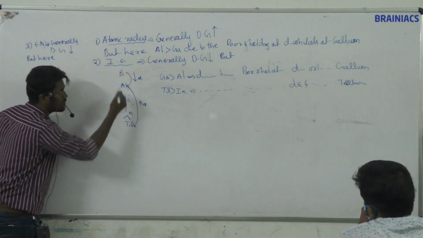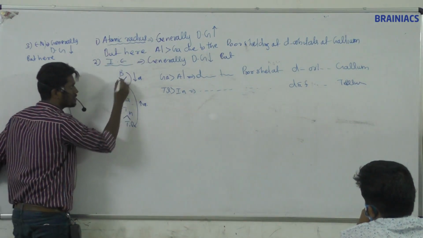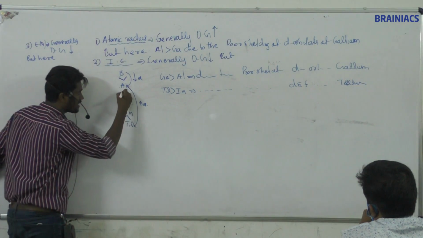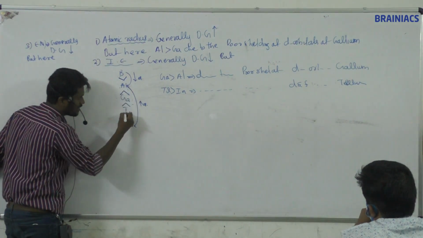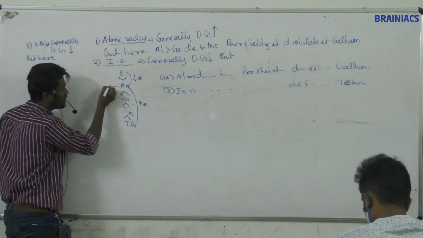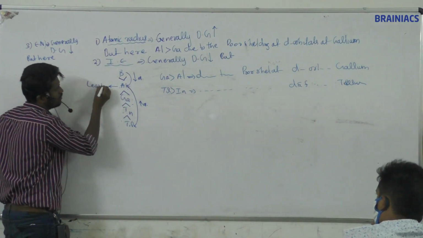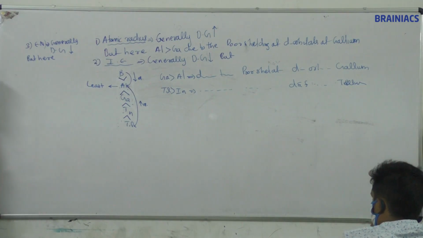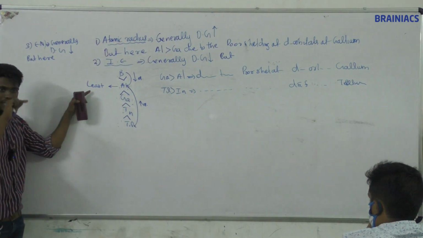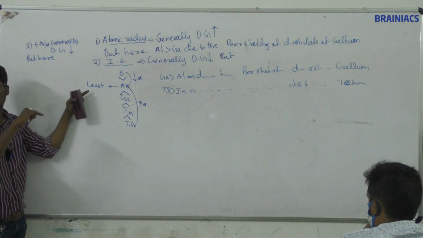Boron is greater than aluminum, then gallium increases, greater than indium, greater than thallium. So the least electronegative element is aluminum. So which is the most electropositive element in the boron family? Aluminum. It is the least electronegative, most electropositive element.